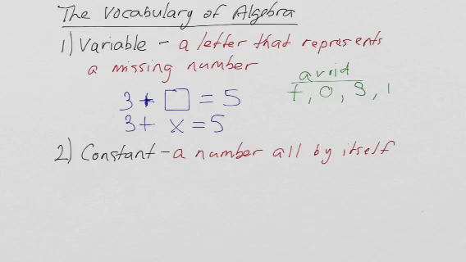All right, next word is constant. A constant is simply a number all by itself. So anytime we have a math problem like the one written above, 3 plus x equals 5, constants are numbers that are just all alone. There's just the 3 here, just the 5 there. That's called a constant.